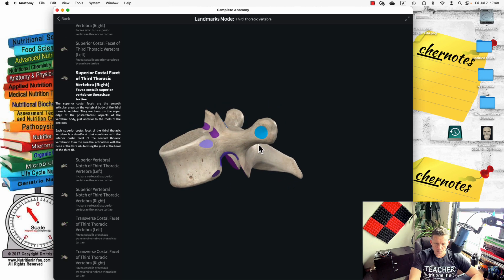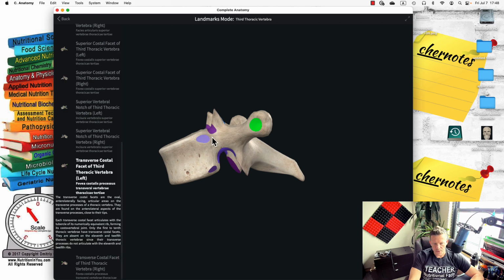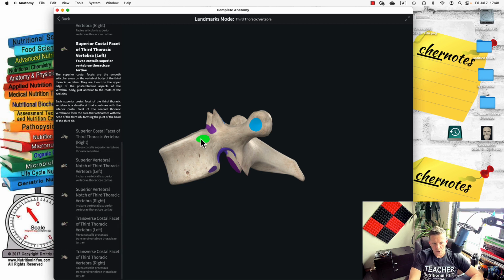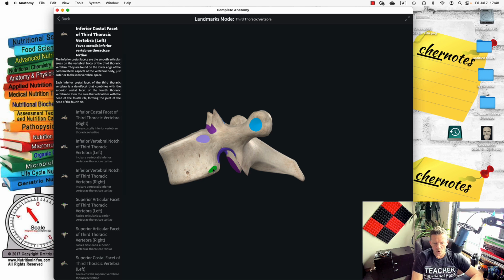When you look at the vertebrate, these facets have specific names. Not that important, but this is called the superior costal facet for the costal rib, and this is obviously the inferior costal facet, because one rib would be connected here and another rib could be connected there.